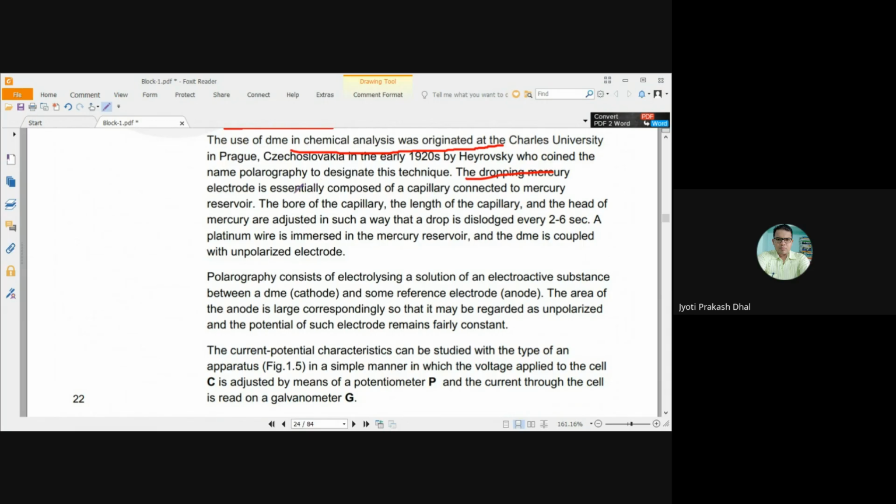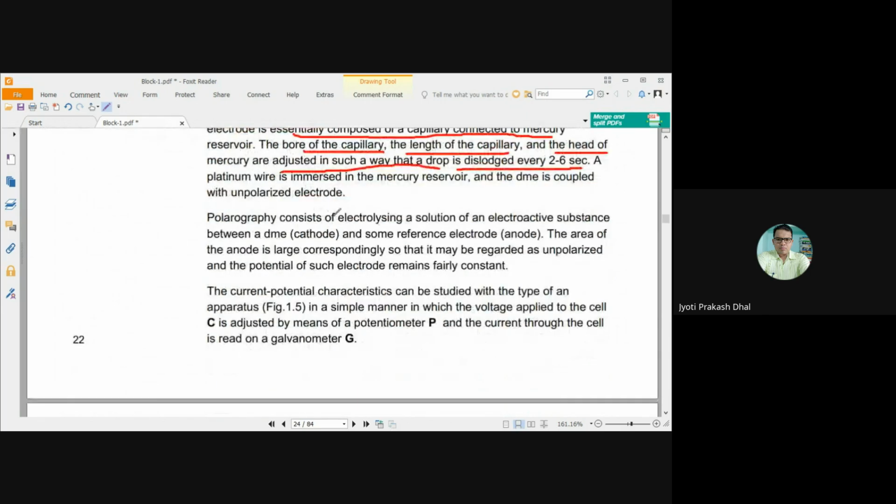The DME is essentially composed of a capillary connected to a mercury reservoir. The bore and length of the capillary and the head of the mercury are adjusted in such a way that a drop is dislodged every 2 to 6 seconds. A platinum wire is immersed in the mercury reservoir and the DME is coupled with an unpolarized electrode.